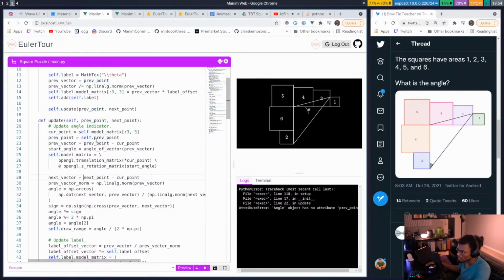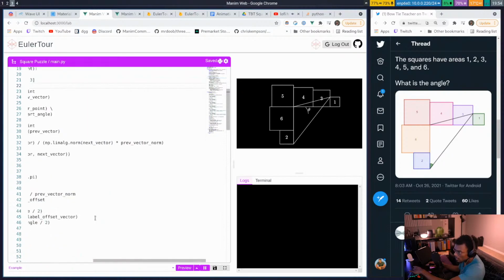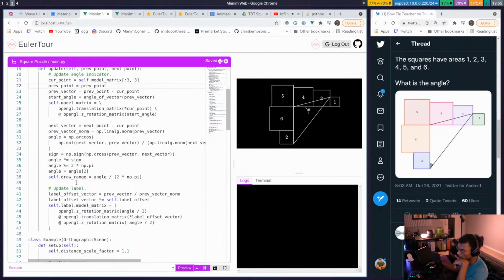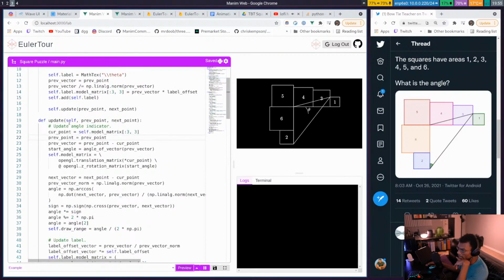So here, it shouldn't be self. I think that's it. So that's good. And maybe that's it, actually. There's an update function.